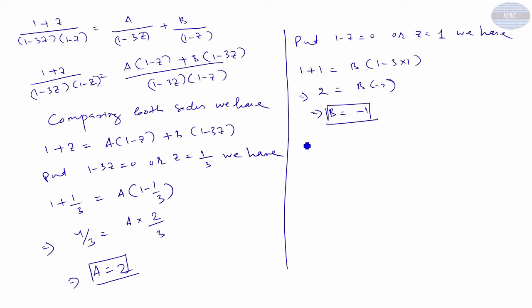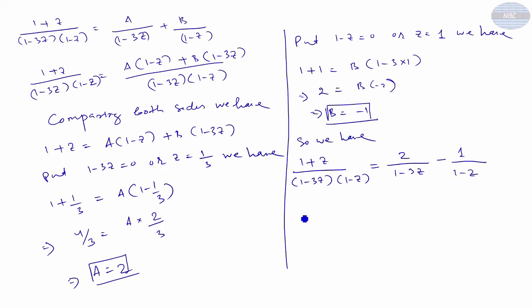So we have 1 plus z into 1 minus 3z into 1 minus z is equal to, the value of a is 2, so 2 divided by 1 minus 3z, minus, because the value of b is minus 1, so this is minus 1 divided by 1 minus z.